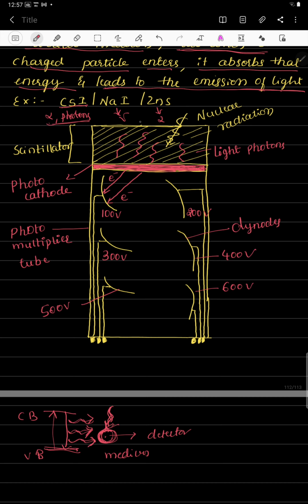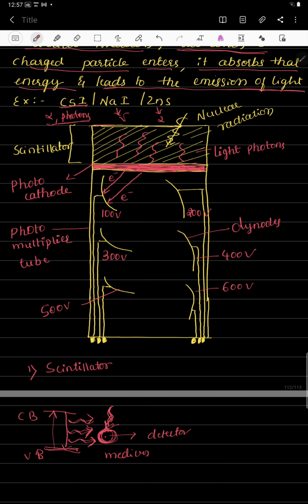Now we will study the construction of this scintillation counter. Basically it has three parts. The first part we call the scintillator, which contains some kind of medium, and depending on the incident radiation we change this medium.